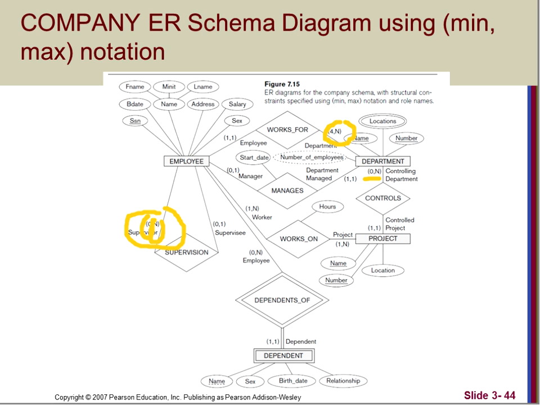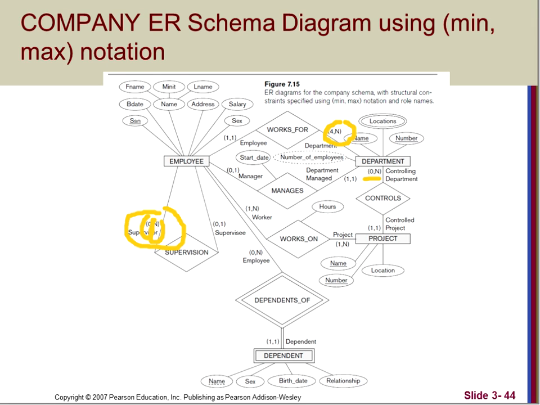Also, once again, you can see the dotted line, dotted oval, okay? That is the derived attribute. Actually, the number of employees you can calculate. You can count all the employees that belong to the specific department. But if you want to do this in real time, it takes a long time.